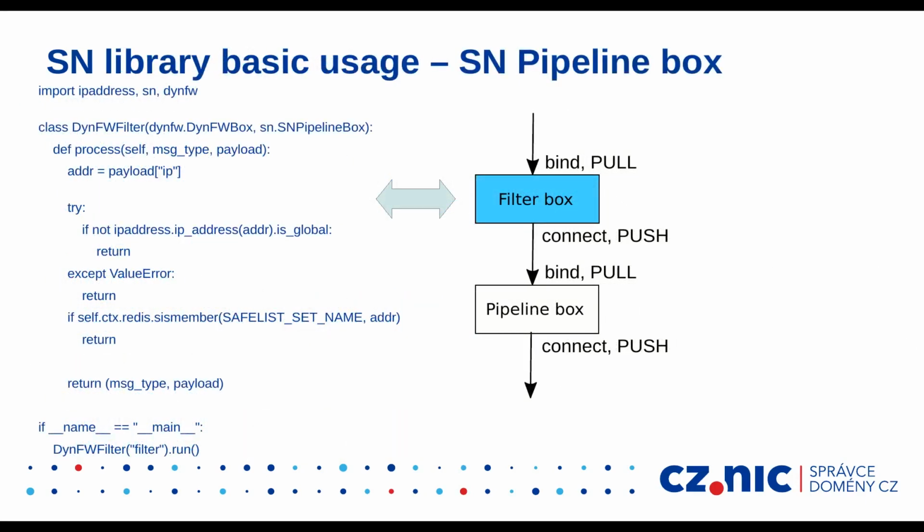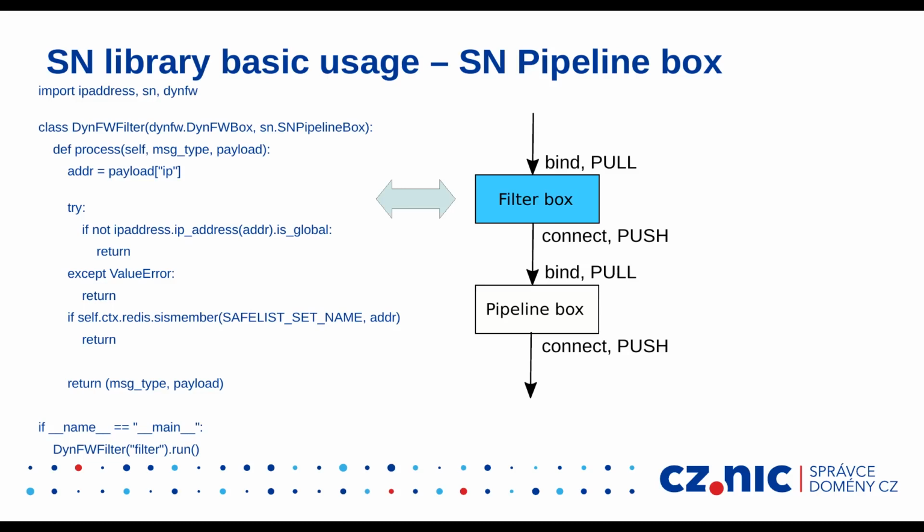To ease the usage of 0MQ and to remove most of the boilerplate, the Sentinel Network library even defines subclasses for the three most common types of Sentinel Network boxes. The most used one, and also the one we've already met in this presentation, is the Sentinel Network Pipeline box. It expects one input and one output socket definition in its resources.